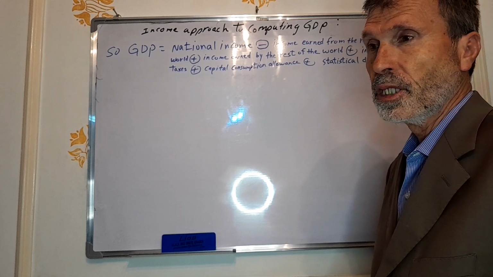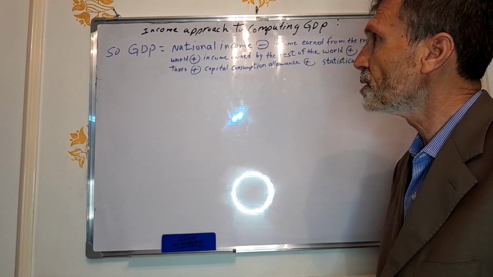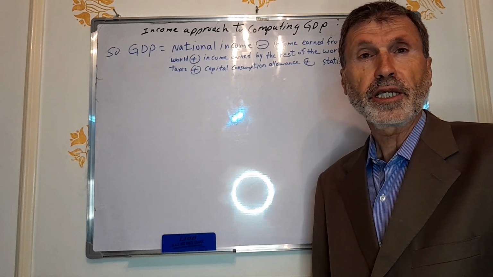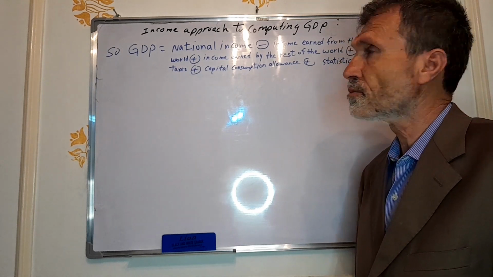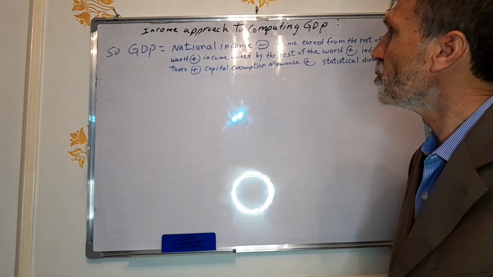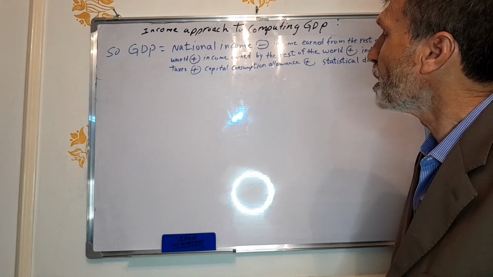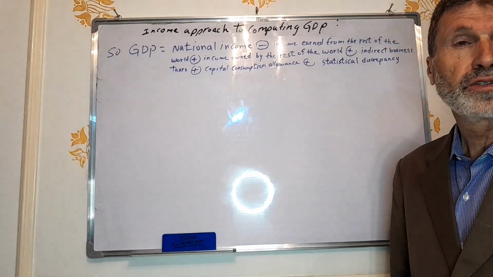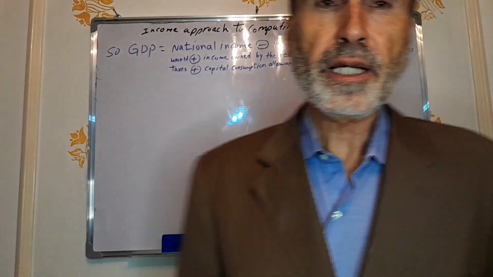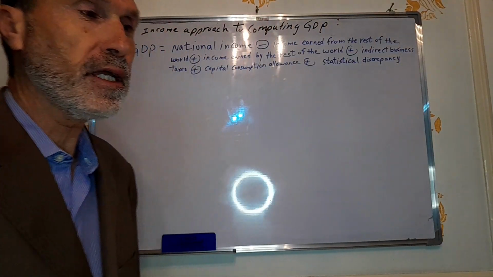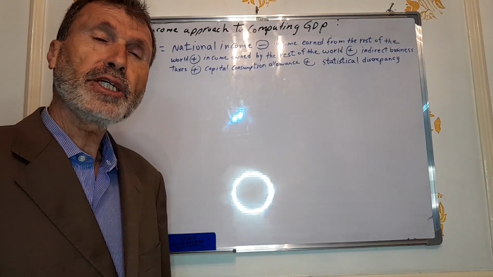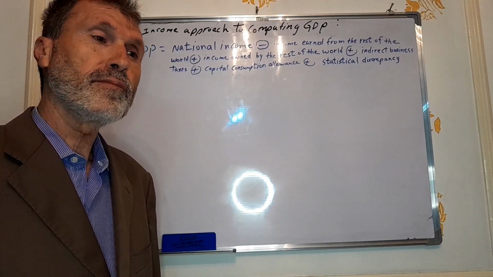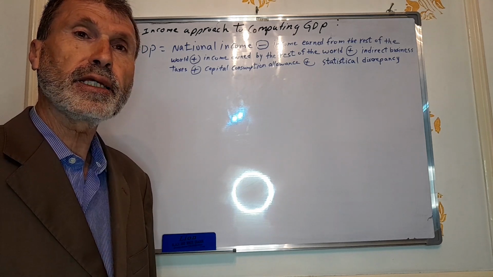Now we have to calculate GDP through the final process, which is that we have to make some adjustments to national income. So these adjustments consist of the following. We have to subtract from national income the income earned from the rest of the world. What does that mean, income earned from the rest of the world?